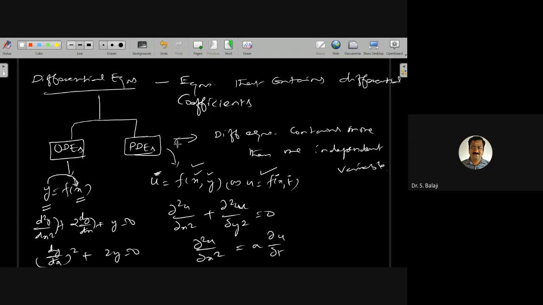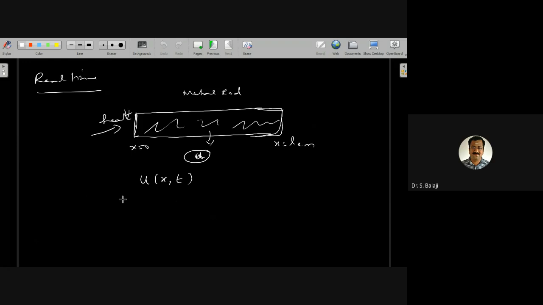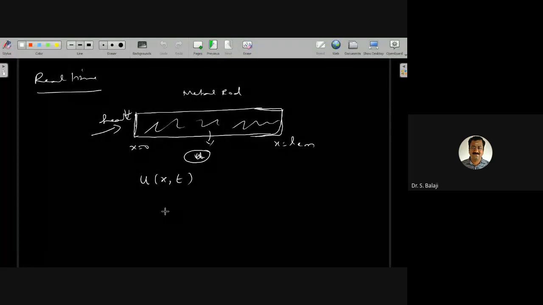Such differential equations are generally called partial differential equations. If there is only one independent variable, they are ordinary differential equations. Yes, it is possible in real time for variables to depend on more than one variable. This is a simple example of how to get a partial differential equation.